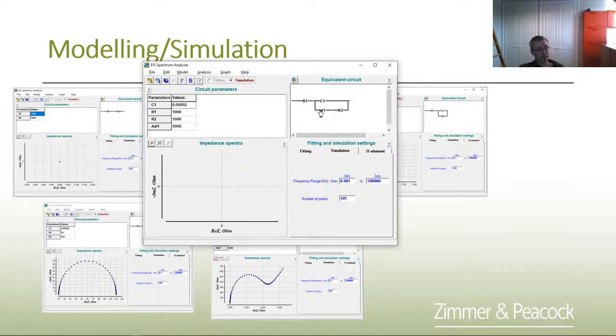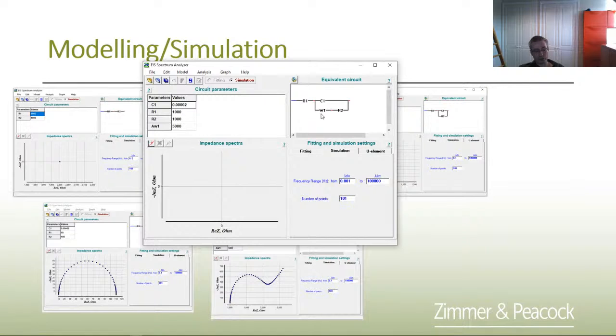So what I've done now is I've created another circuit where it's the resistance of the buffer, the capacitance of the biosensor, the charge transfer of the biosensor, and because we've got stuff like ferrocyanide in solution, we have a Warburg element.